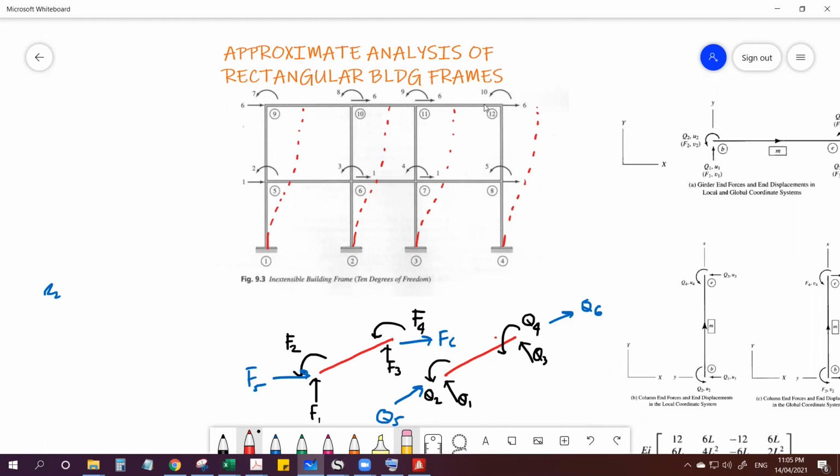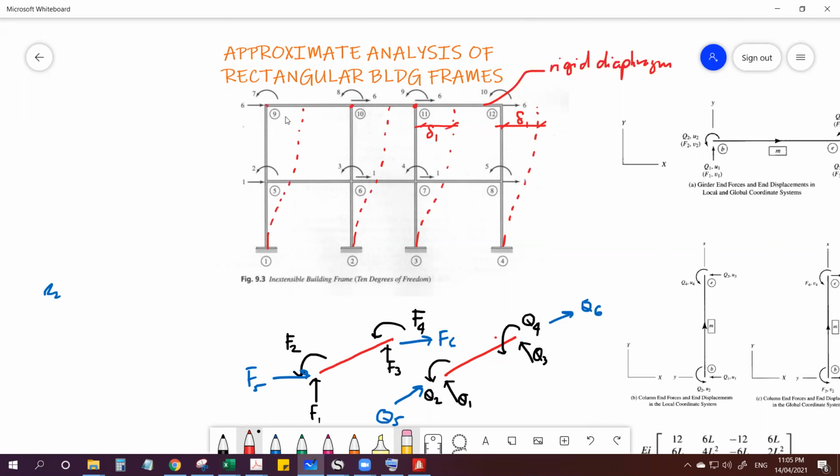So we can consider this as a rigid diaphragm brought about by the slab, because a slab has a large in-plane stiffness. So therefore, the displacement here, say this is delta 1, will be approximately the same here. I'm talking about the displacement of these nodes.